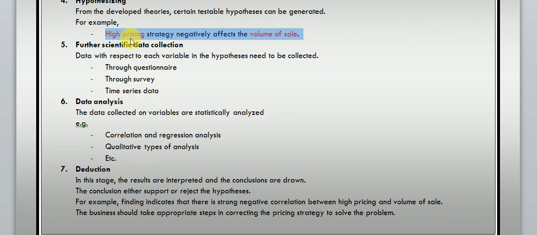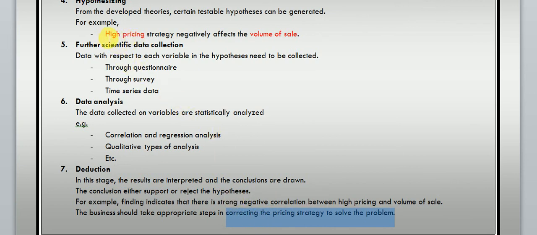In this situation, if the findings support your hypothesis, then the business should take appropriate steps to correct the pricing strategy to solve the problem. What is the responsibility of the business now? The managers have to correct it. They should not set high pricing. Why?